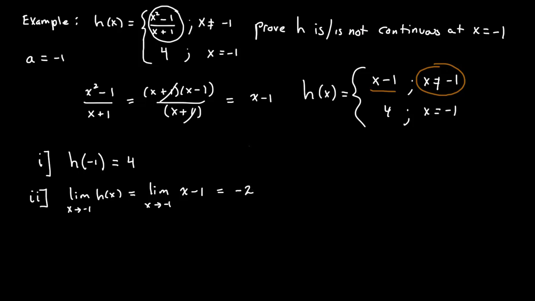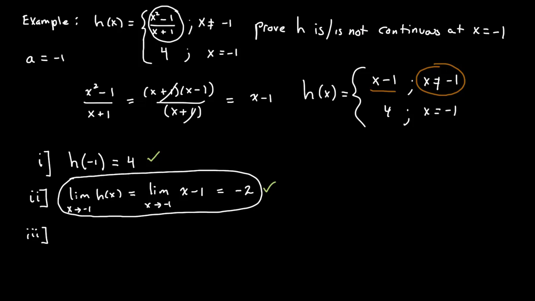So this one is different from the other ones because both of these exist. That was 4, that was -2. And I think you see, though, they're not equal to each other. Notice I don't have a therefore statement. The statement stands alone. I've just said that the limit of h is equal to -2 as x approaches -1. I don't need to restate with a therefore.